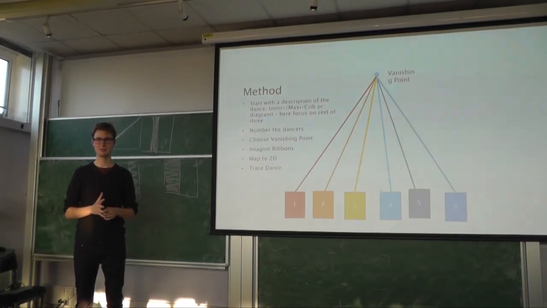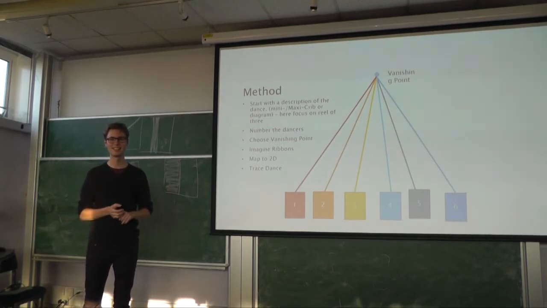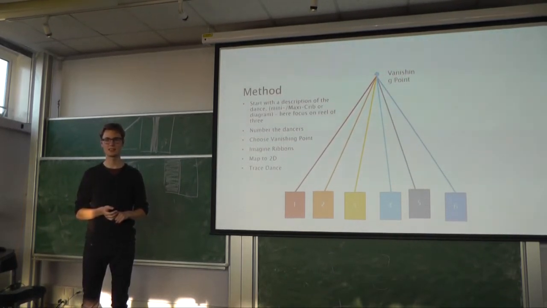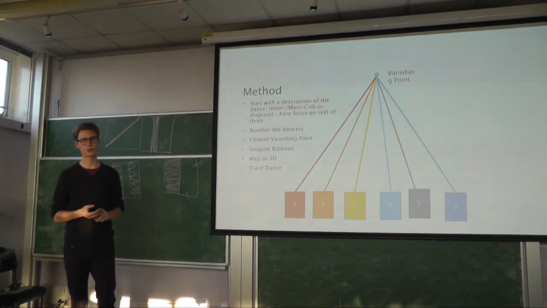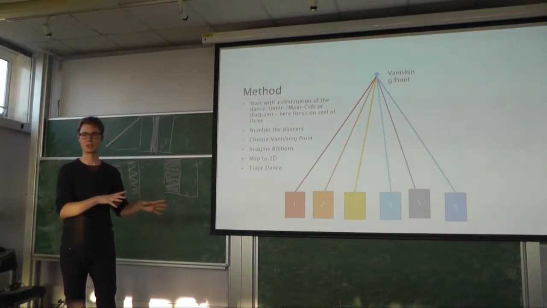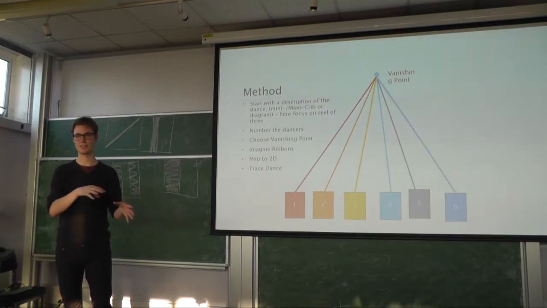I'm not very familiar with Cayley dancing, but do the dancers have to follow a particular number in the way they swap with each other? No, they don't, but this numbering is just imposed from my side for the analysis.